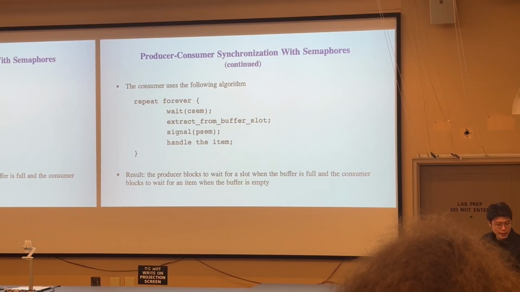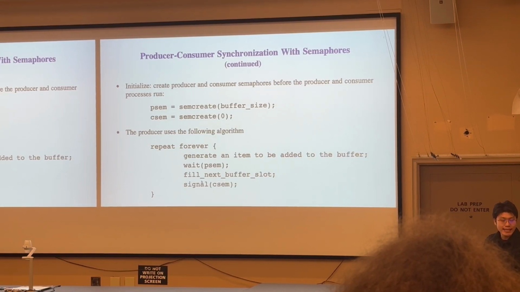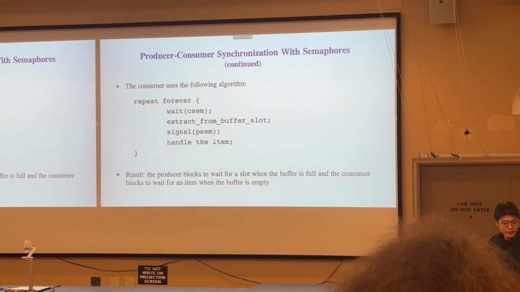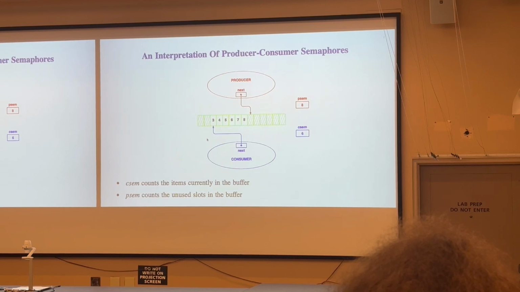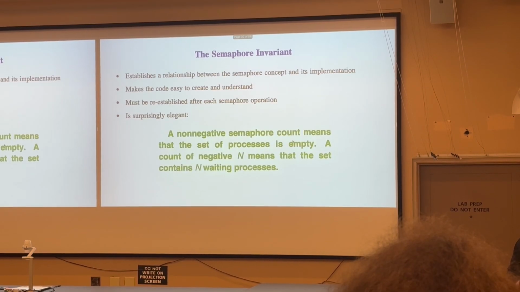So when the producer signals, it means that I generated one item in the buffer. When the consumer signals, it means that I generated a free slot in the buffer. Okay. Right, so this is the producer-consumer pattern using semaphores. This is the diagram showing how it works, but we won't dive into the detail.